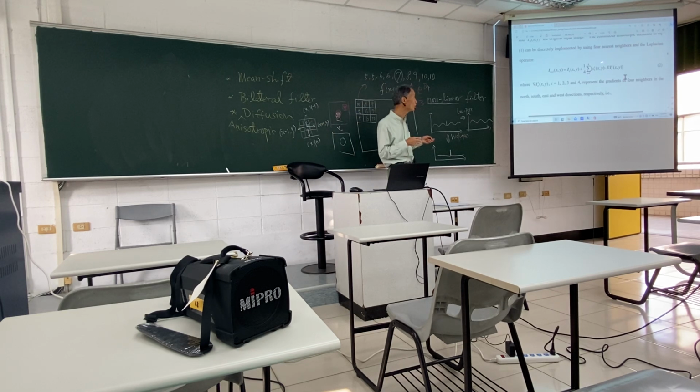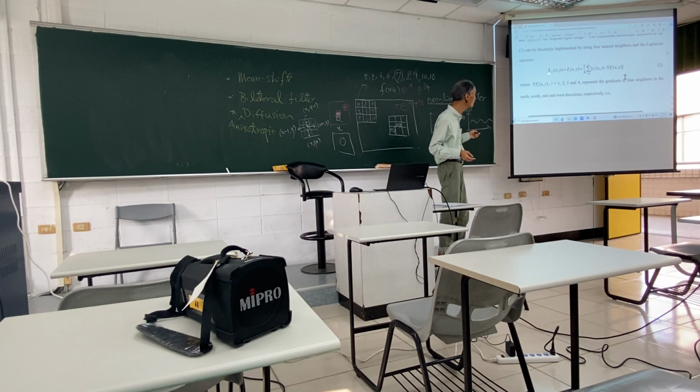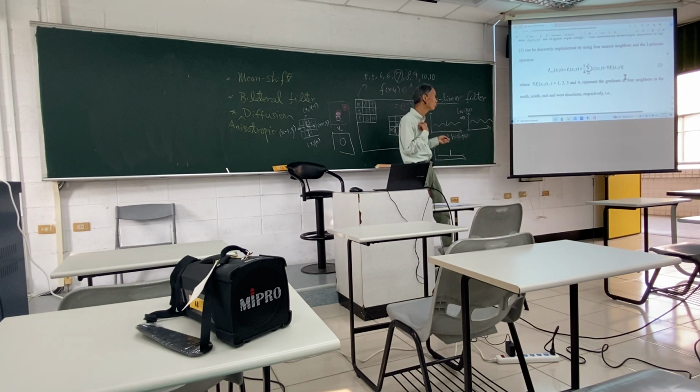Sometimes you need to do this many times. As I mentioned here, t is set to 0, which means the original input image, and we go for t equal to 1, 2, 3, 4 and more. So it is an iteration. We don't just do it once.